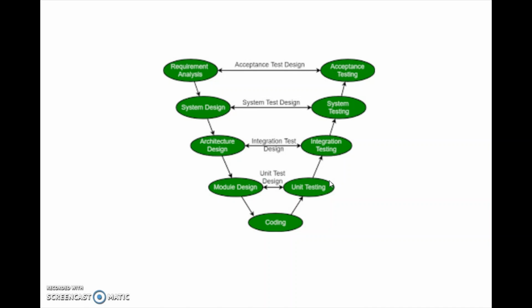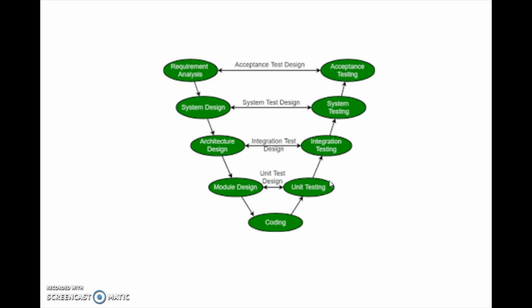Now, as I've said, there is a drawback in SDLC, or you can say the waterfall model, that you cannot start the testing activities before the development phase. Now to remove that drawback, we are following these models. So the testing activities can start from the requirement phase itself. Now the activities that you do in the requirement phase are called verification.